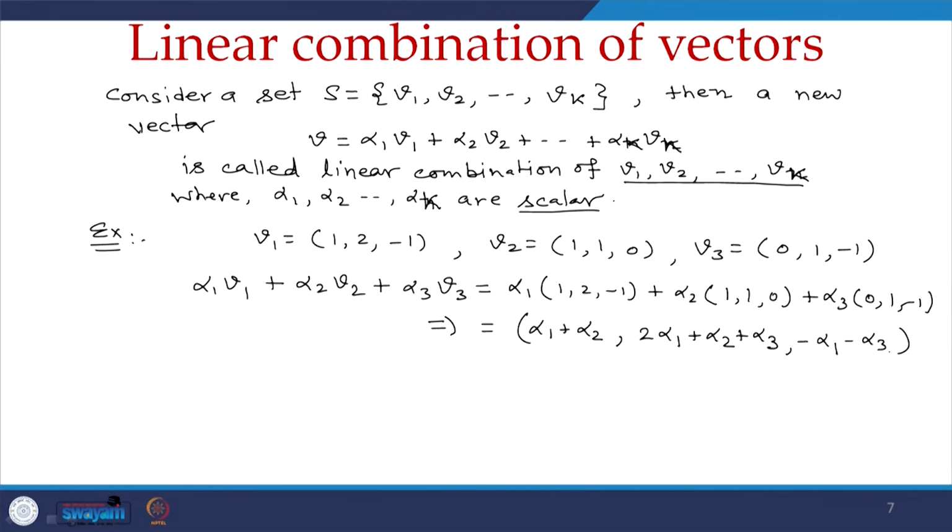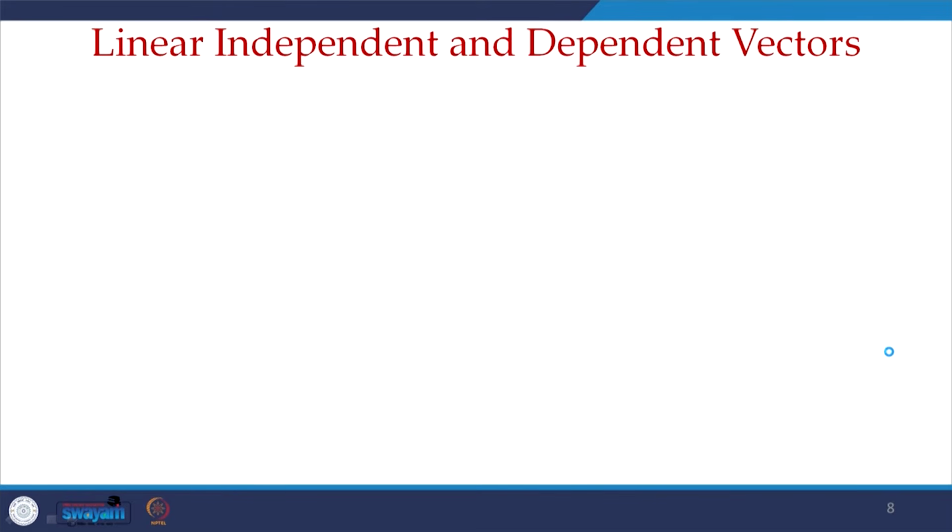So, if you vary alpha1, alpha2 and alpha3 over the set of real numbers, then you will get different vectors from R3, and those vectors can be formed by the linear combinations of v1, v2 and v3. Next concept is linear independent and linear dependent vectors.